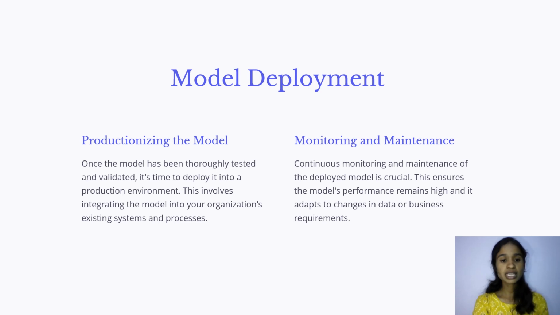This involves integrating the model into your organization's existing systems and processes. Next, monitoring and maintenance. Continuous monitoring and maintenance of the deployed model is crucial. This ensures the model performance remains high and it adapts to changes in the data or business requirements.